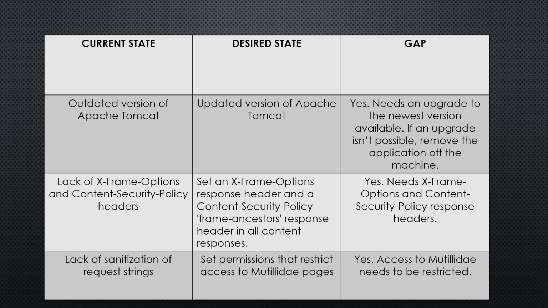And lastly, access to Mutillidae needs to be restricted as there's a lack of sanitization of request strings. These 3 are based off of the vulnerabilities identified in the risk assessment and also off of the results and details of the Nessus and OWASP ZAP scans.